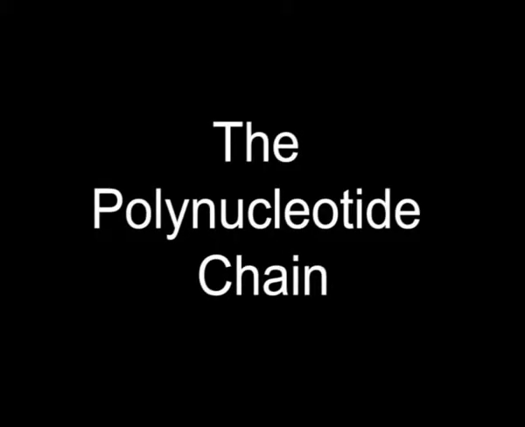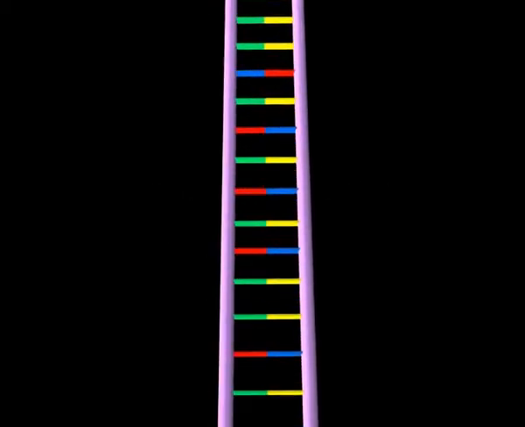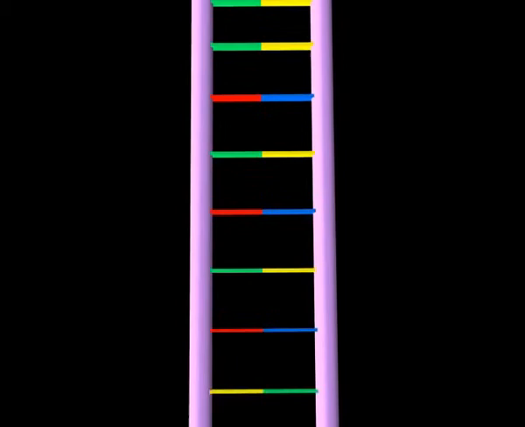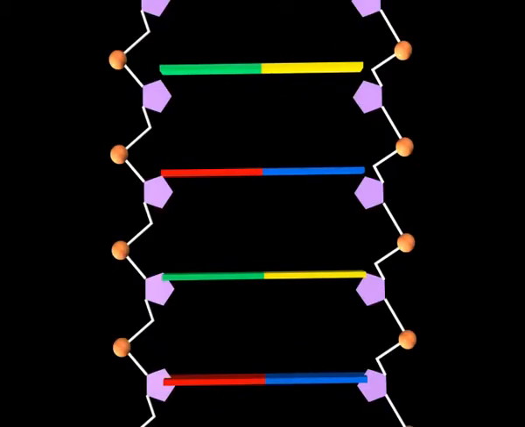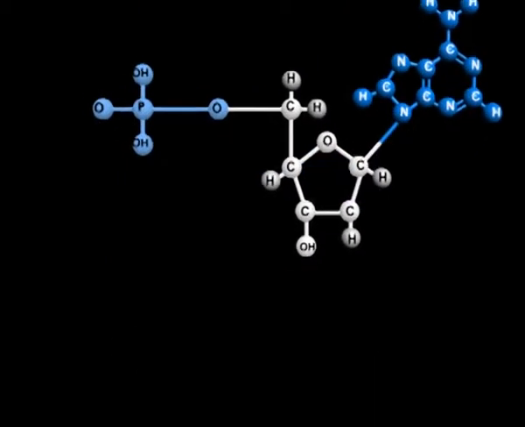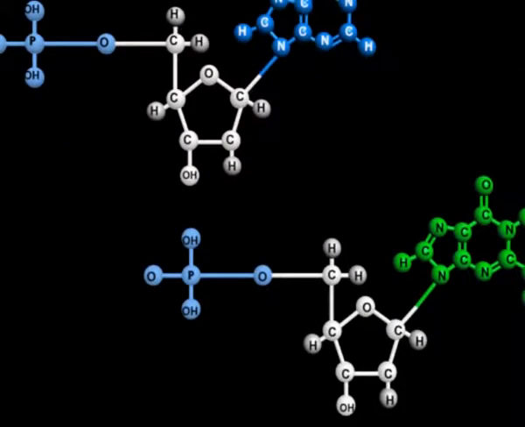The polynucleotide chain. A DNA strand is simply a string of nucleotides joined together. The phosphate group connected to 5th prime carbon of its own nucleotide links to the 3rd prime carbon atom on the sugar of the adjacent nucleotide.